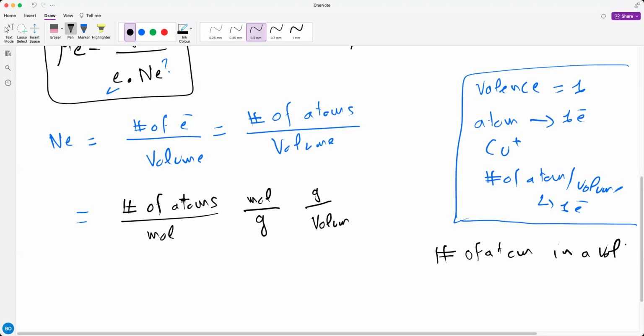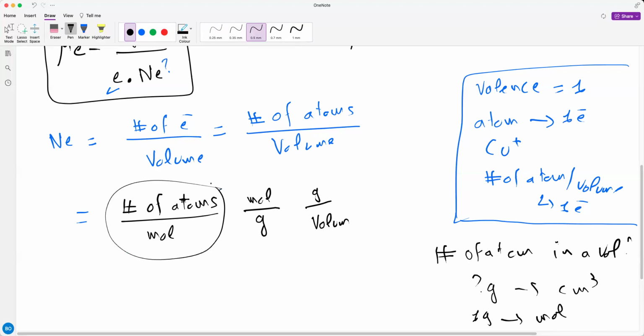This is what I want. The first thing I want to do is how many grams in cubic centimeters. And then how many moles in 1 gram. So then if I want to calculate the number of atoms in volume, I want to calculate the number of atoms in 1 mole.